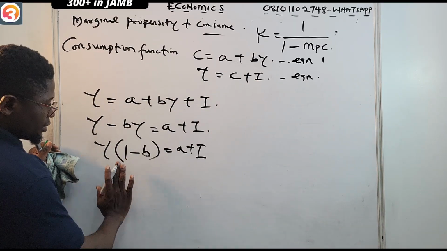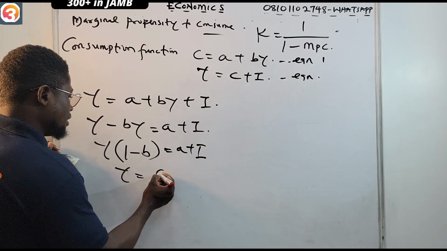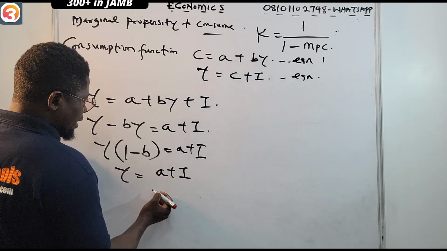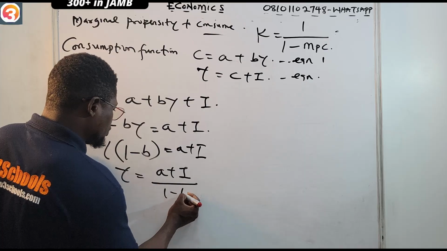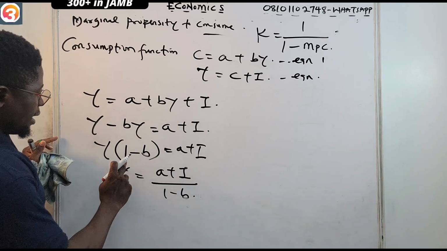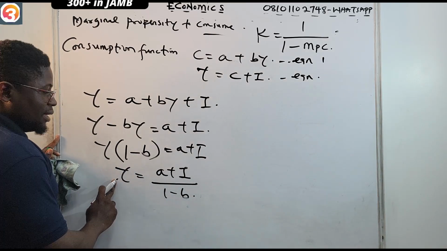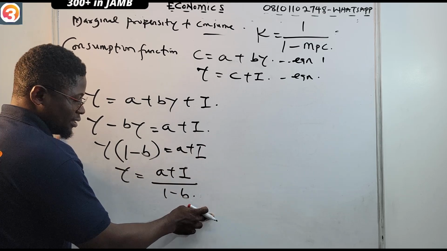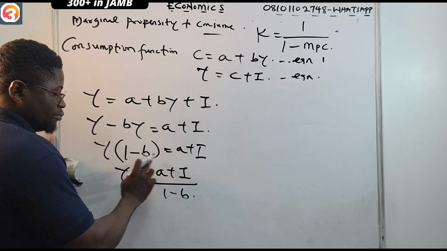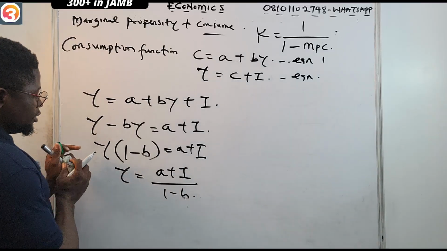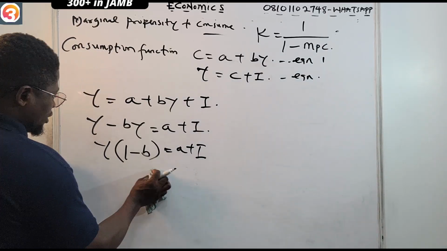What we're looking for is to leave Y on its own, so Y becomes A plus I over 1 minus B. We're making Y the subject of the formula. Let me do it in a way you understand so that you don't get confused.